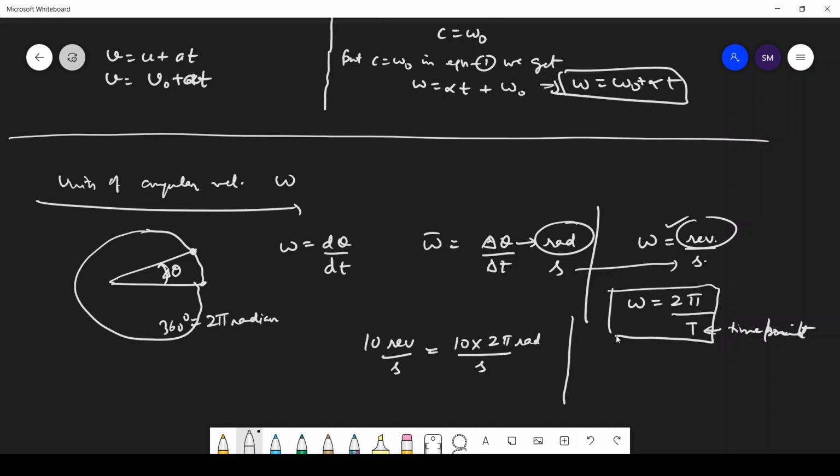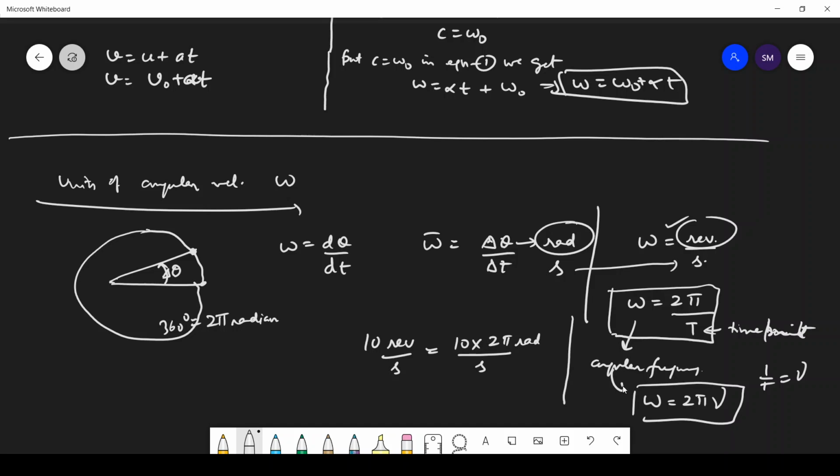So this is the angular velocity, right? Now I need to write this angular velocity in terms of frequency. So what is 1 by T? 1 by T is your frequency. So that's equal to 2 pi nu.